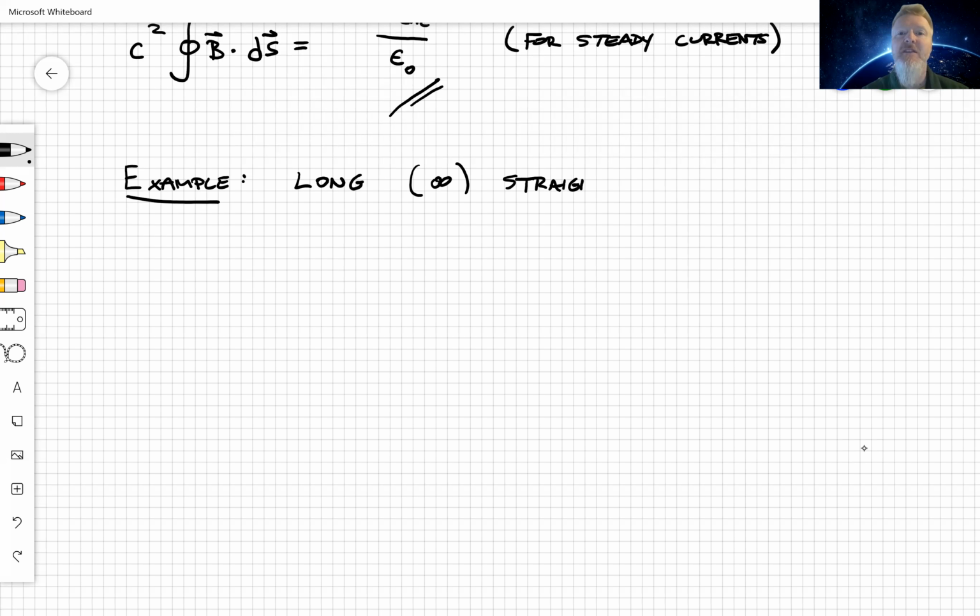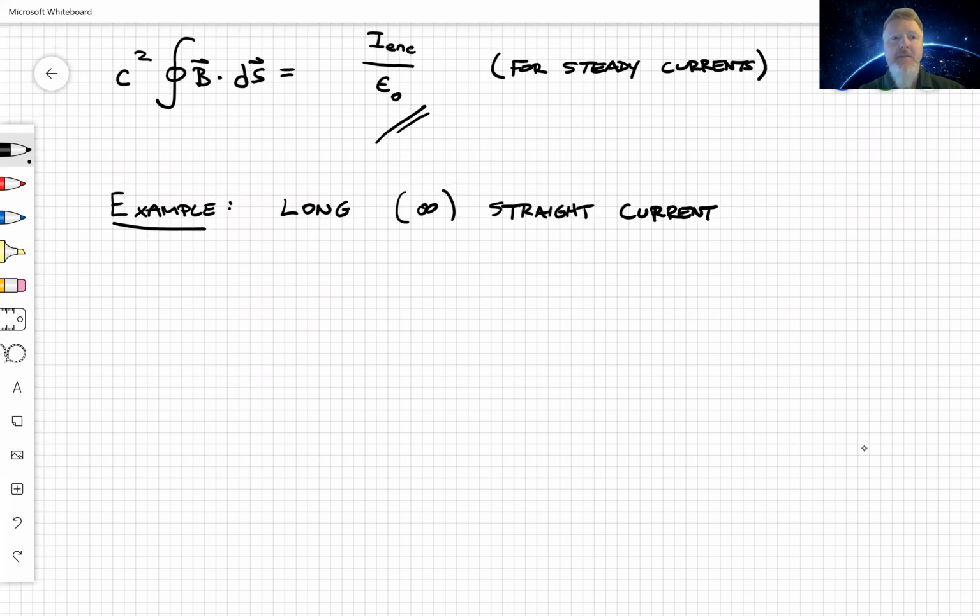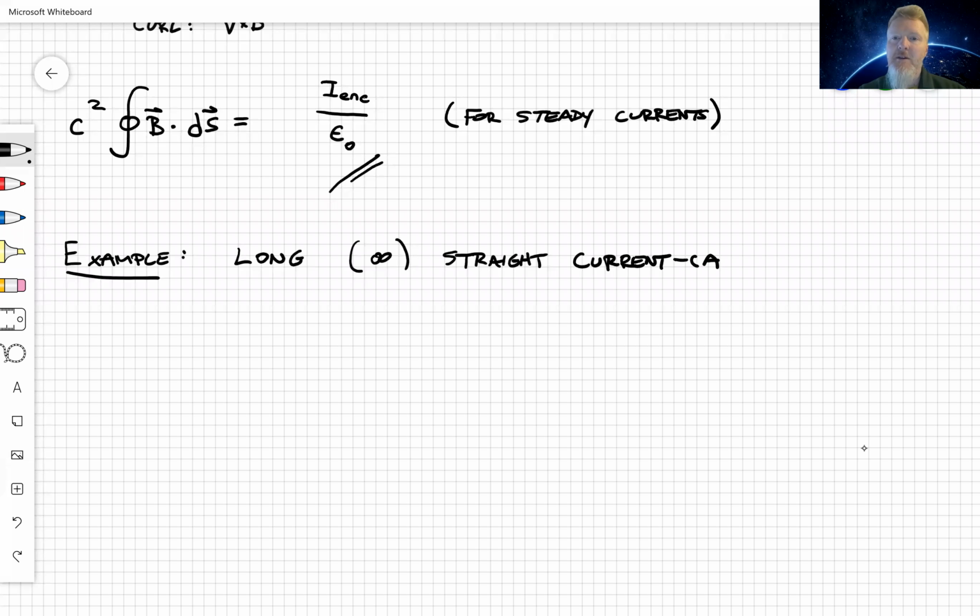At least it seems infinitely long to us, because we are ants on top of this current carrying wire.